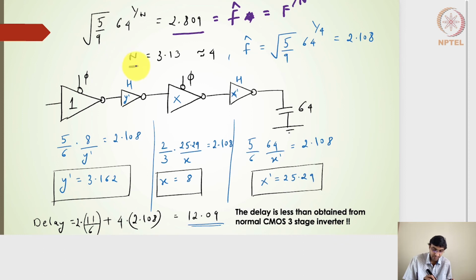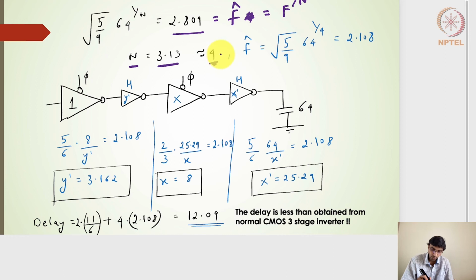So that n cap turns out to be 3.13. Right, and we cannot have 3.13 as the number of stages. And we always want the number of stages in a domino logic to be the even numbers. So instead of 3, we will have to go for 4 as the number of stages.